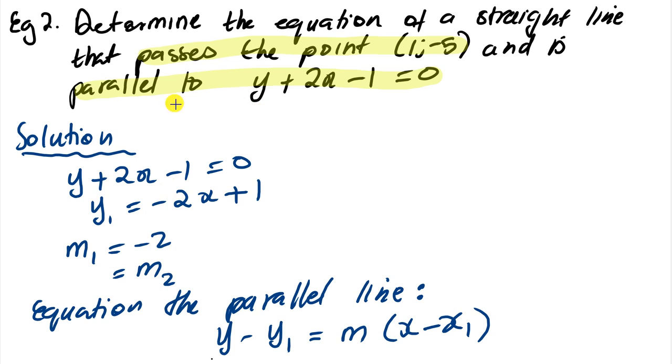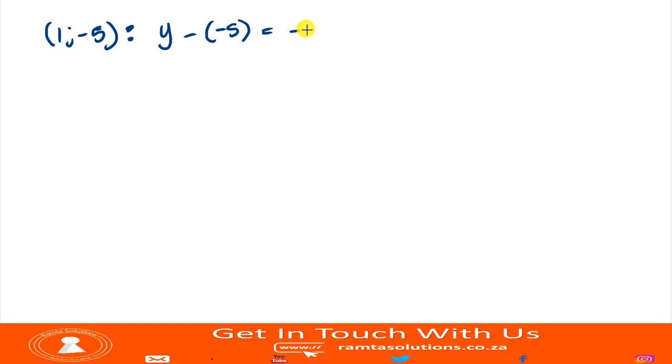Remember we said the straight line that we're looking for is parallel to this straight line here, all right? So we found that its gradient is negative 2. Proceeding, it is negative 2 into x minus x sub 1, which is 1, right? So this is y plus 5 equals negative 2x plus 2.